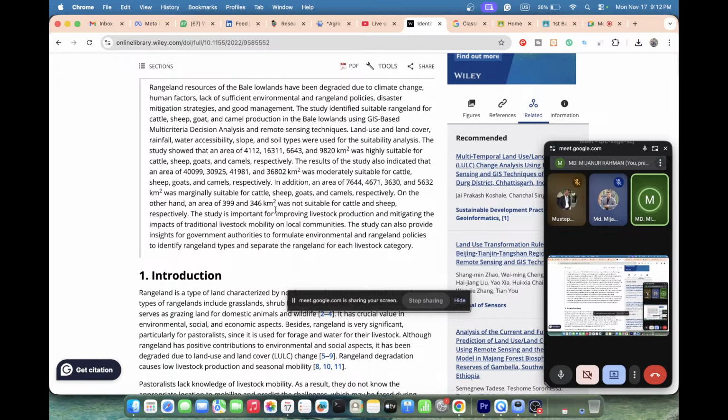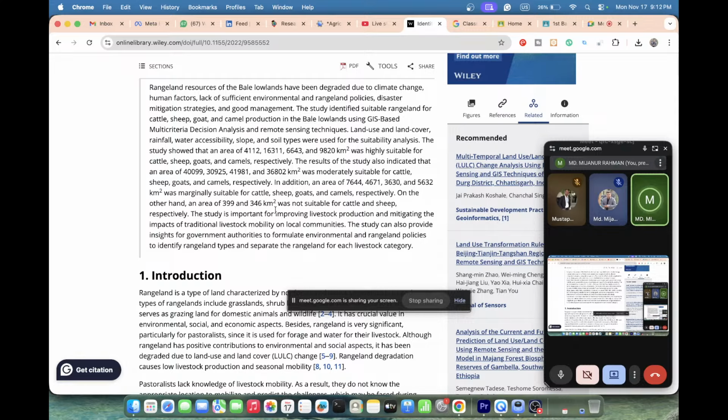Suppose I have an area that I want to identify for mineral exploration: which area has more potential to get different types of minerals? Or which area is more appropriate for agricultural or crop fields? This type of suitability analysis we can use to take decisions.